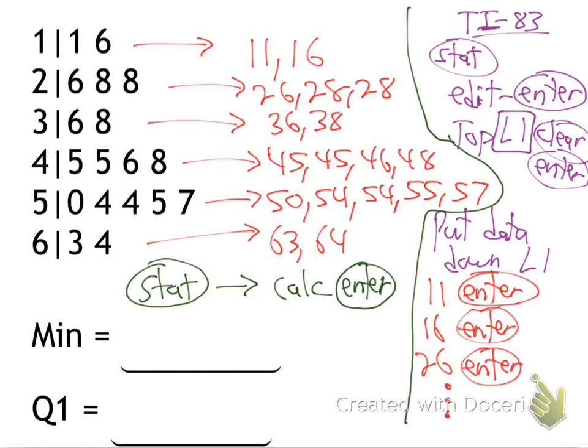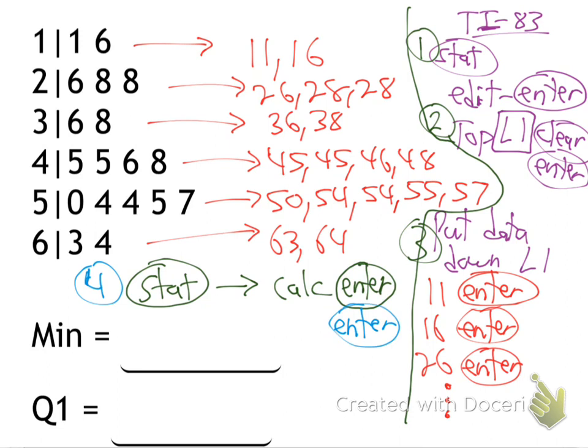I should put numbers on these. So step 1, stat. Step 2, go to the top of L1 and clear everything out. Step 3, put in all the data. And step 4, hit stat, calc, enter, and then you just hit enter one more time. Just hit enter twice, and you should get some numbers.